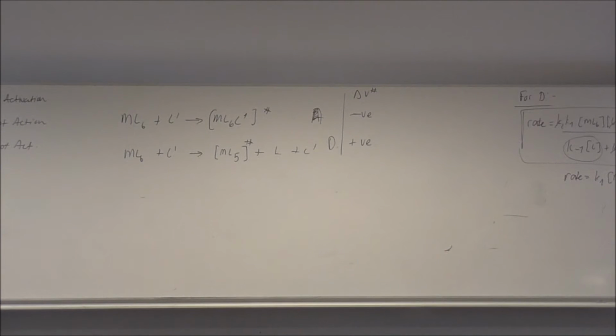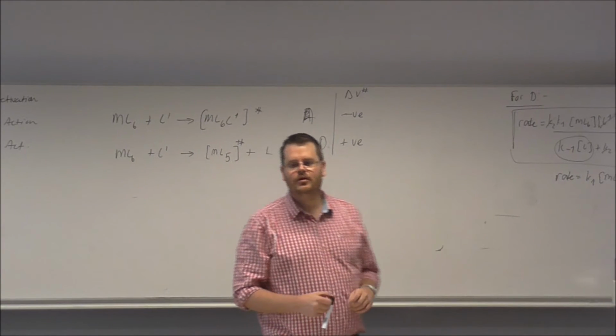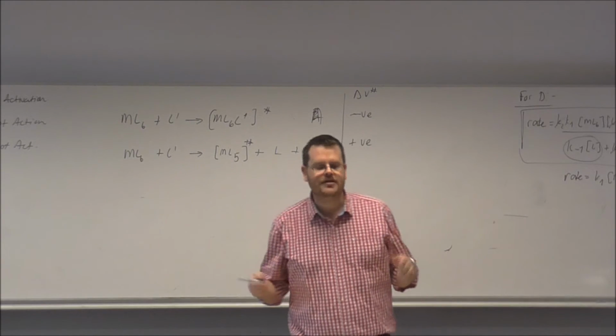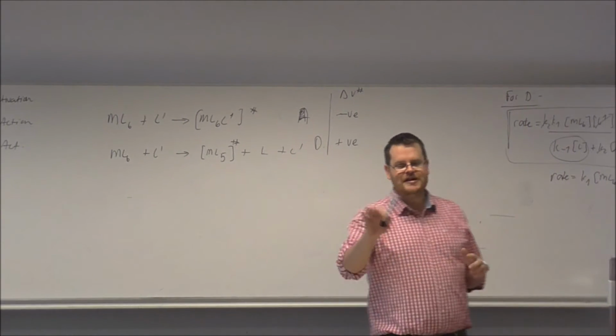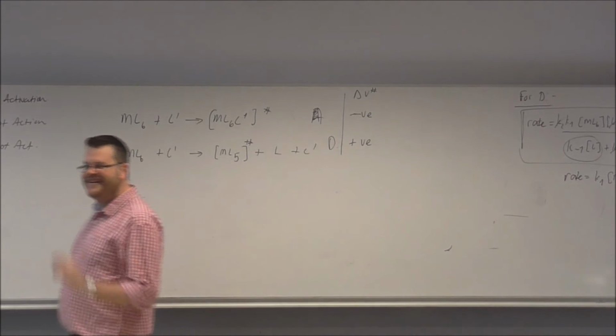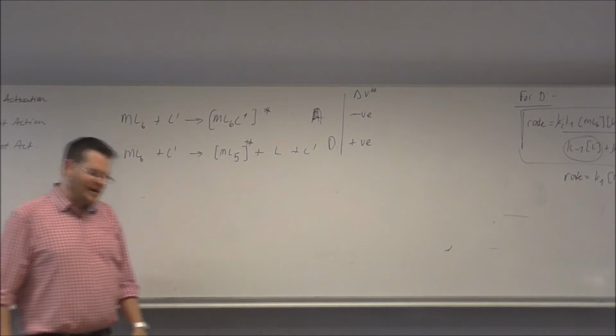What about entropy of activation? Who wants to venture a guess? Well, the entropy is defined as a logarithm of the amount of states possible. Okay, well, that's complicated. You're a physical chemist, but yeah. Okay, fair enough. Go on. In the case for an A, I would say it decreases, and for the D case, I would say it increases. Correct. Very good.